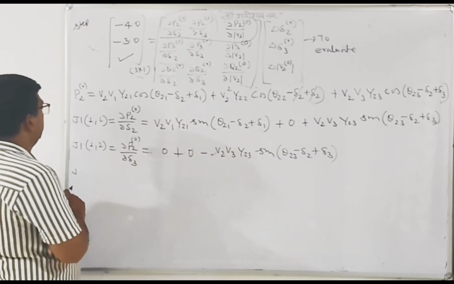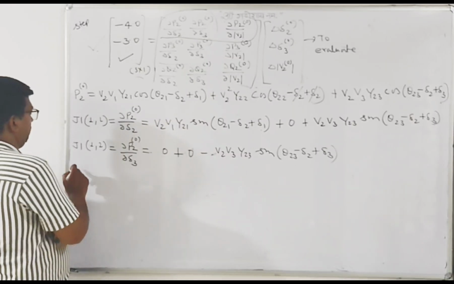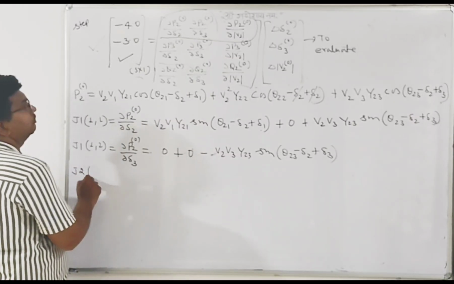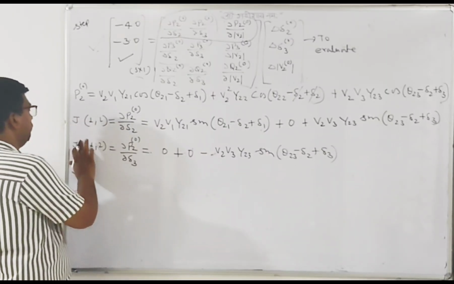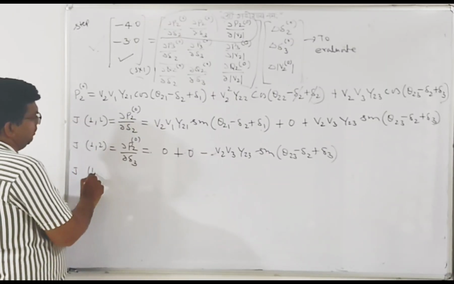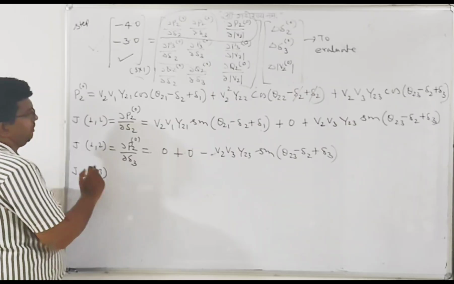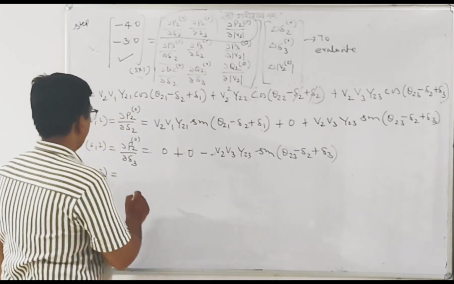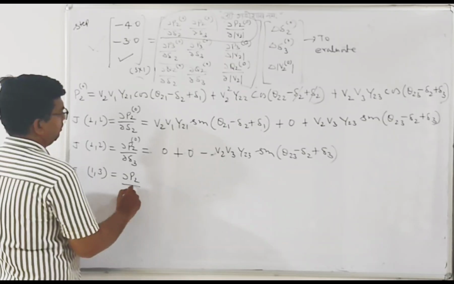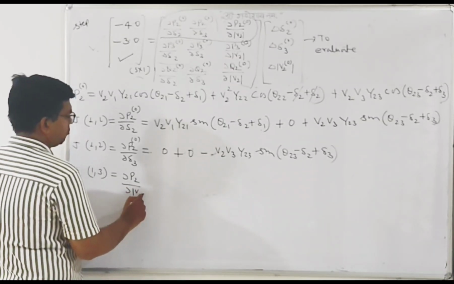Next, if I am writing in general J, so that confusion will not occur, this is J13. What is this J? First row, third column. It is delta P2 with respect to mod of V2.